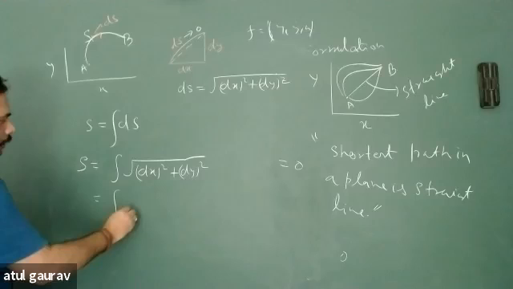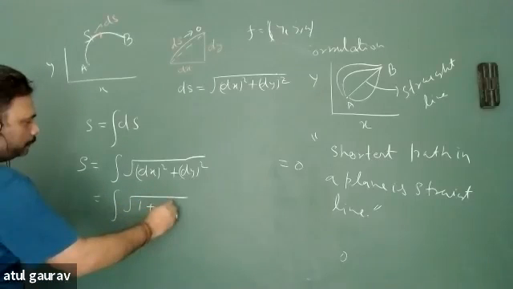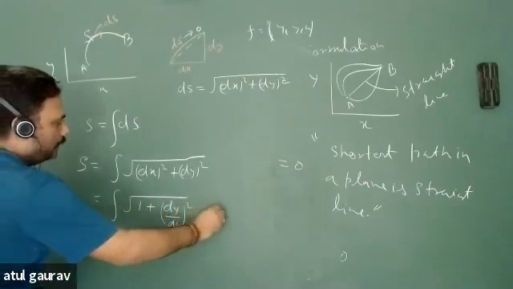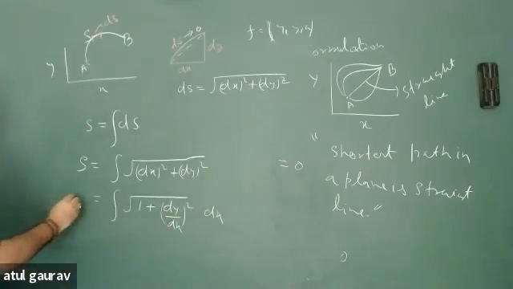This will be the integral of root under 1 plus (dy upon dx) square, dx, and this will be my S. If you have any doubt, you can ask me, then I will go for further calculation.